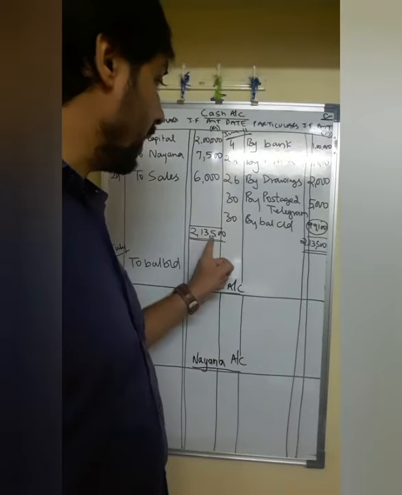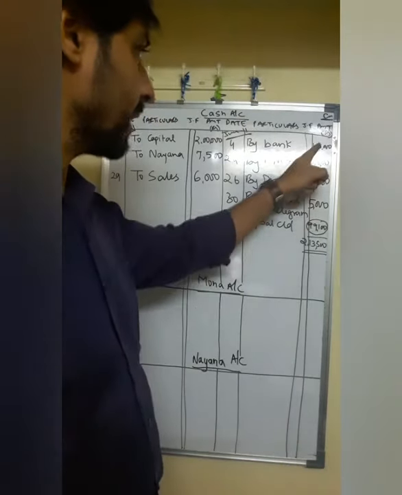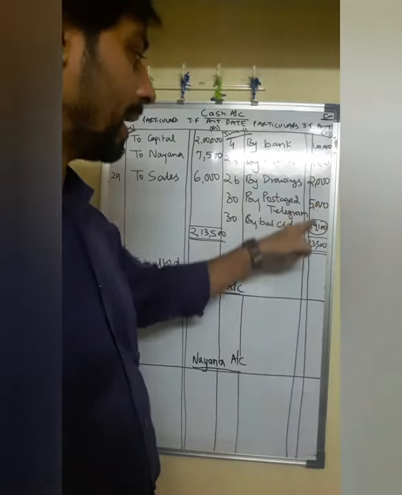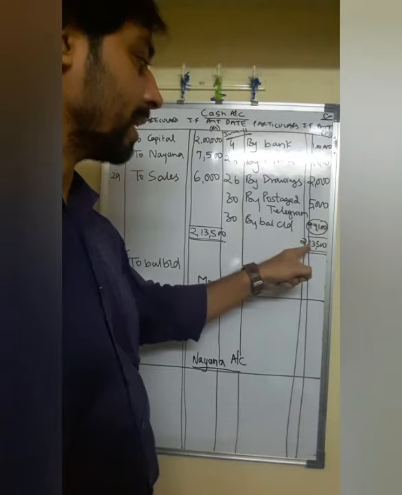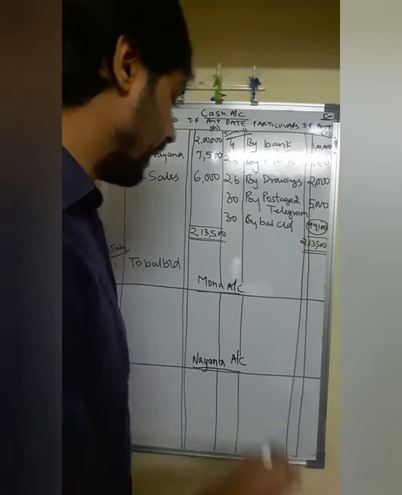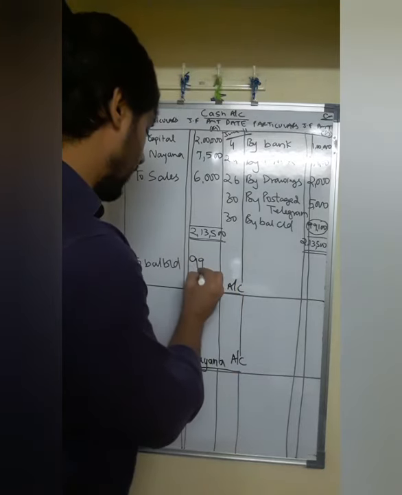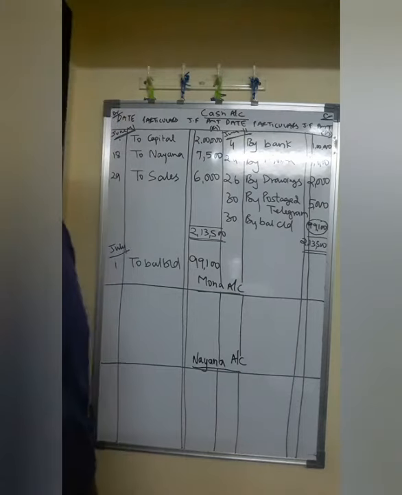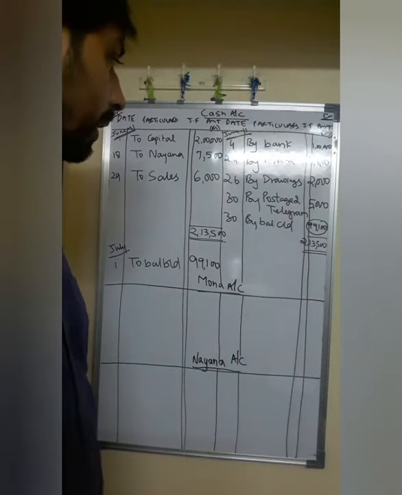So heavy total is 2,13,500. You have to total this credit side. 1 lakh 5,000, 7,000, 14,400. 1 lakh 14,400 is to be deducted from this heavy total. From the heavy total, the lesser total has to be subtracted. The difference is 99,100. The closing balance will become next month's opening balance. It will go on the opposite side. That is 99,100. That is how much?